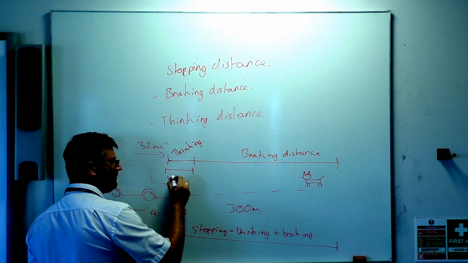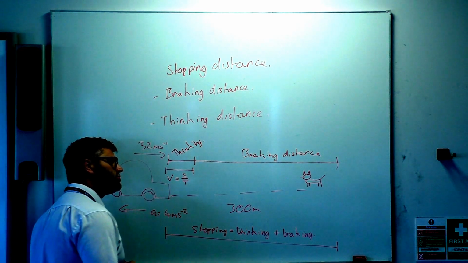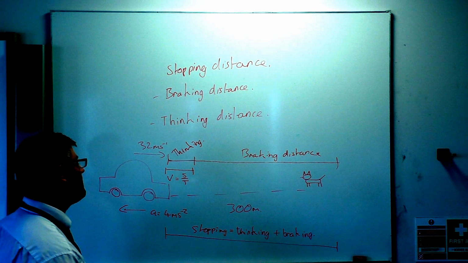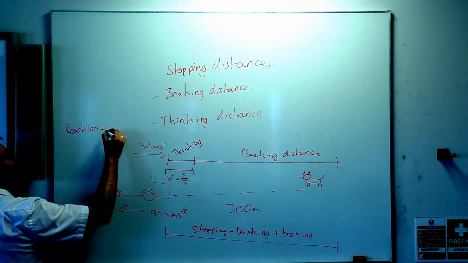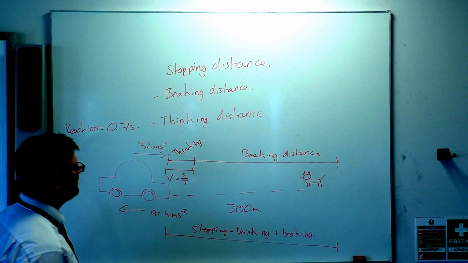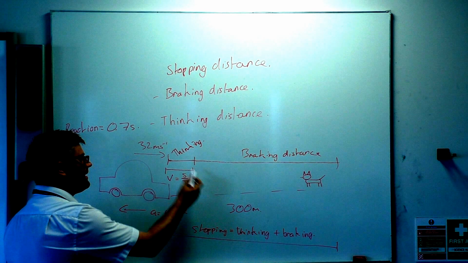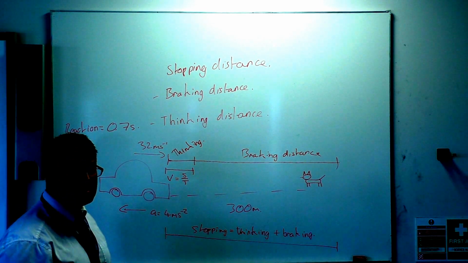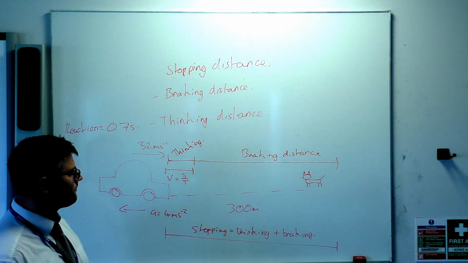We're going to use a simple velocity equals displacement over time to work out the distance travelled there. Now, if my reaction time is a standard reaction time, 0.7 seconds, you should now be able to rearrange this equation to work out the displacement, the thinking distance, that has occurred before I go, oops, should put the brake on.